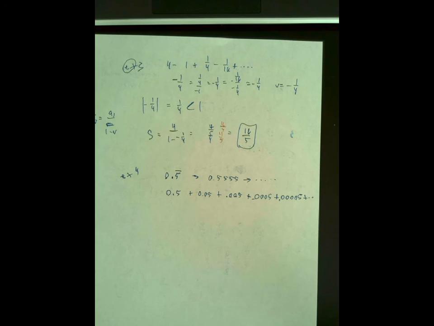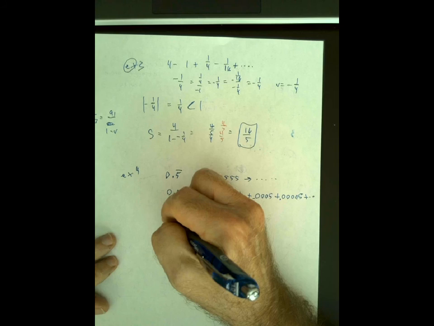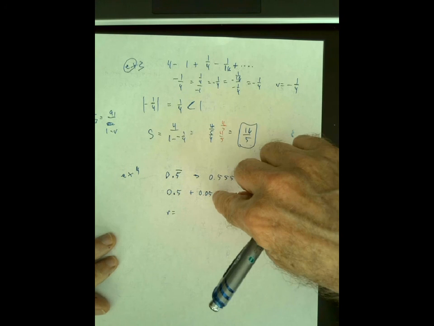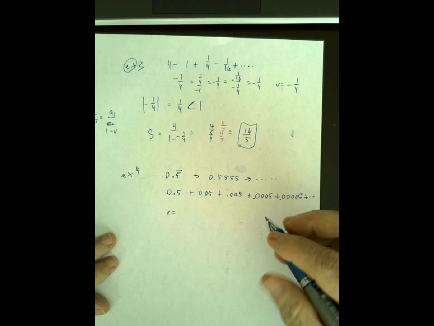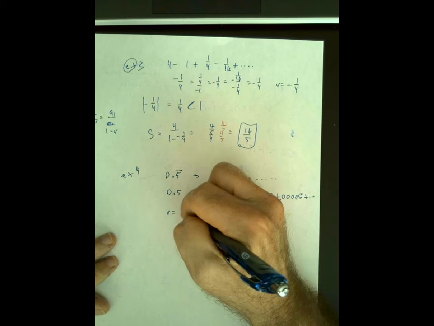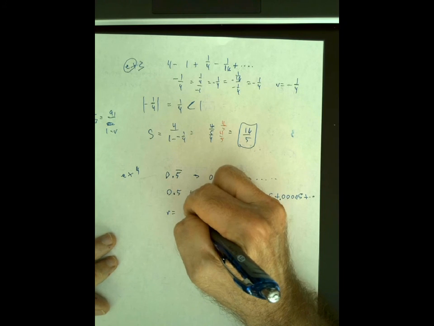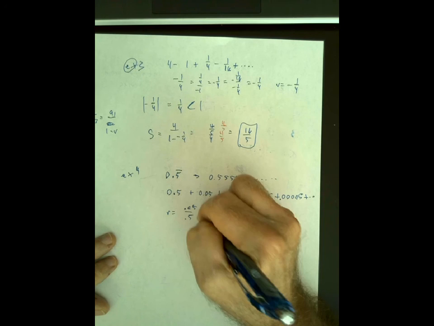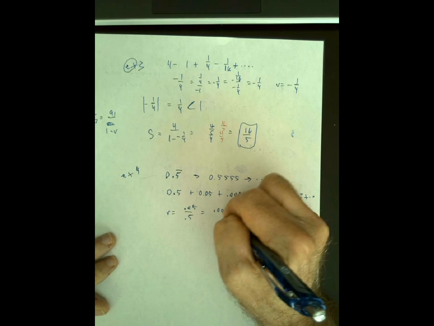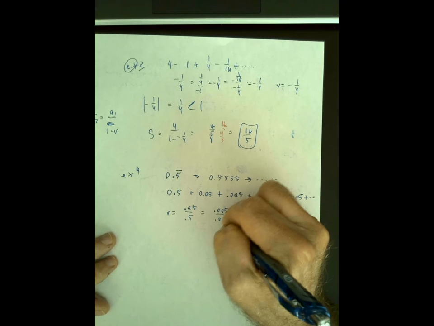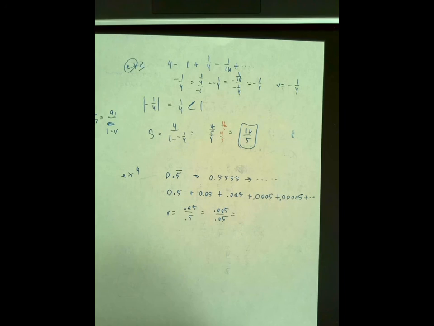Well, what's the R value? And do they converge? Well, let's see. R is going to be equal to each following term divided by the term before. So it's going to be 0.05 divided by 0.5 or 0.005 divided by 0.05, right?